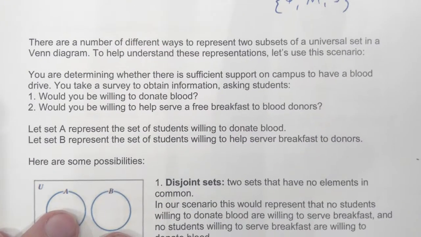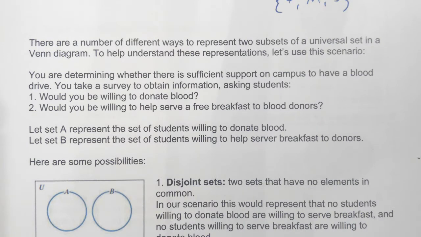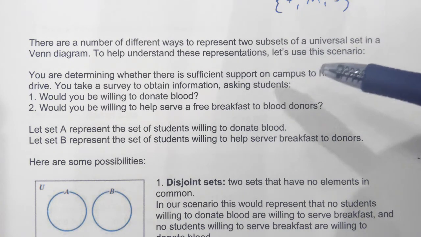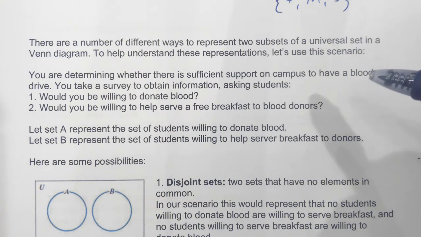Now we're going to give you some vocab here. There are a number of different ways to represent 2 subsets of a universal set in a Venn diagram. To help understand these representations, we're going to use this scenario for each of our examples. You are determining whether there is sufficient support on campus to have a blood drive.